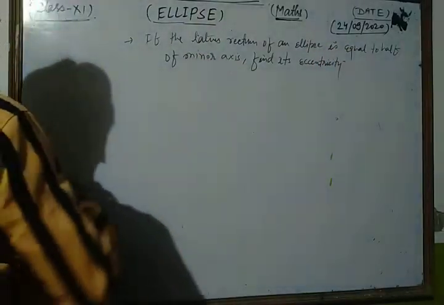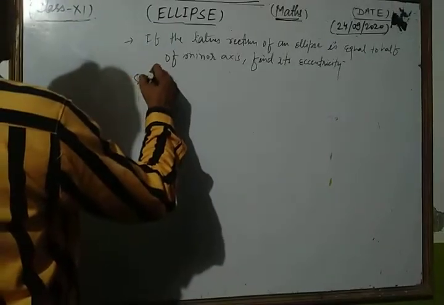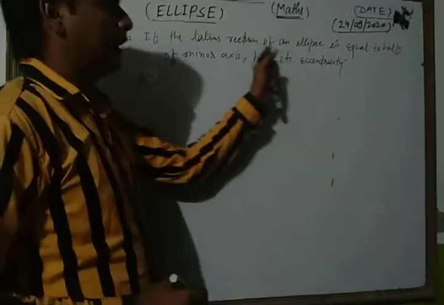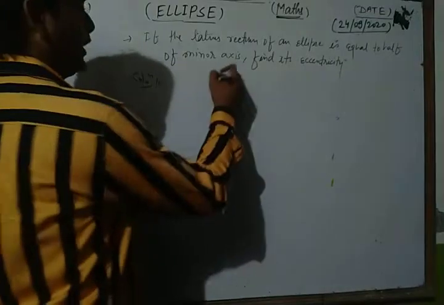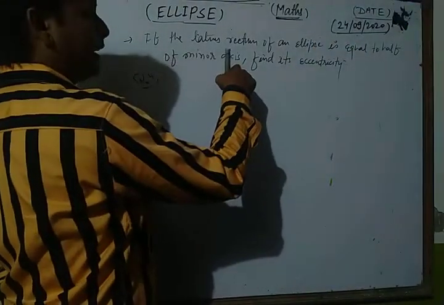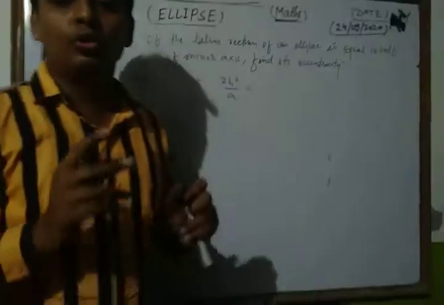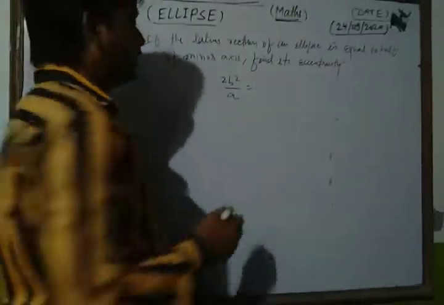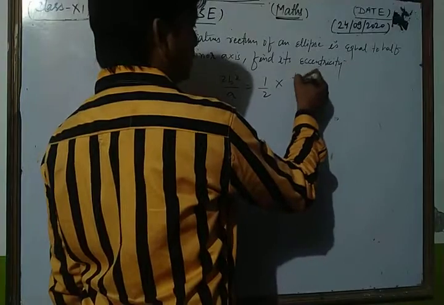Okay, now look, dear friends, let's solve it. You know that the length of latus rectum is 2b square upon a. According to the question, 2b square upon a is equal to half of the minor axis. You know that the length of the minor axis is 2b, so half of the minor axis is b.